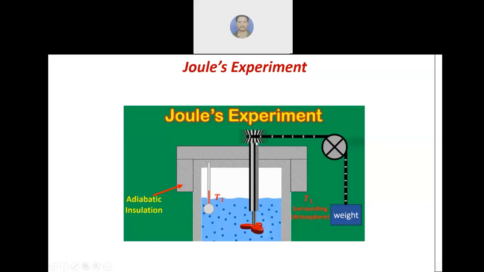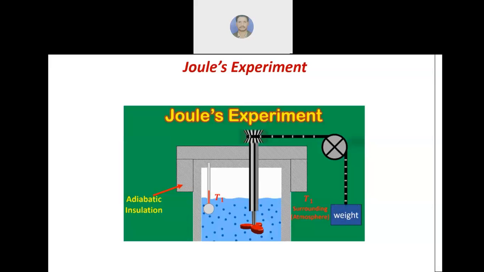On the top of the stirrer mechanism there is a pulley, from where a rope or thread is wound. This thread comes to one more pulley, from which it is suspended downward. At the other end of the thread, there is some known weight suspended from the rope. Till now the things are clear.